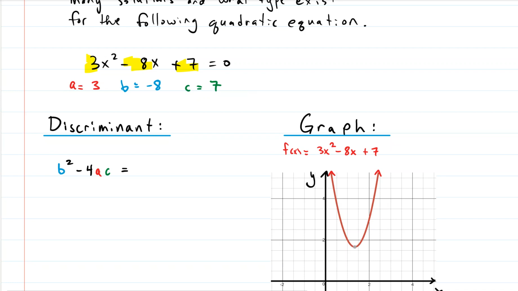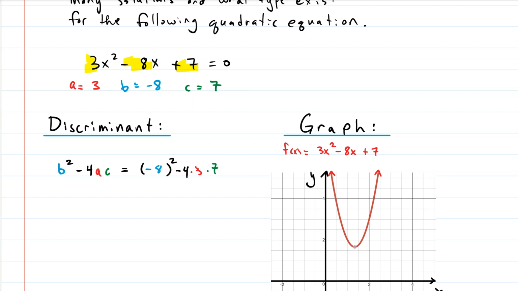All right, now we can compute the discriminant. So b squared minus 4ac, that gives us negative 8, quantity squared, minus 4 times a, which is 3, times c, which is 7. Now, what is all of that?